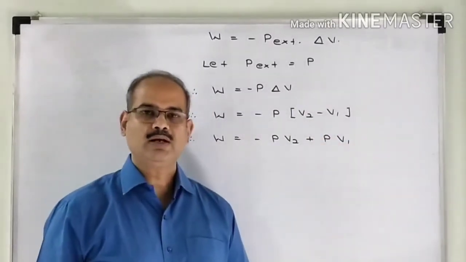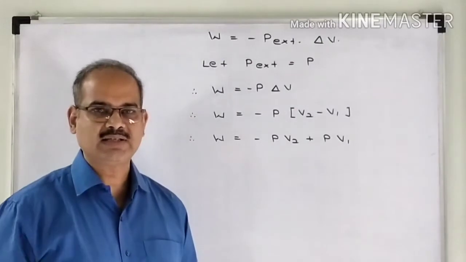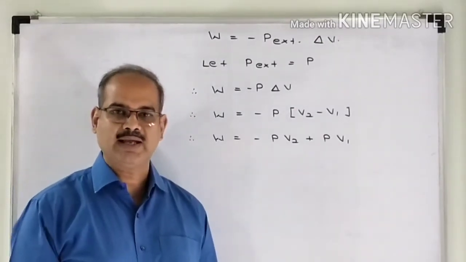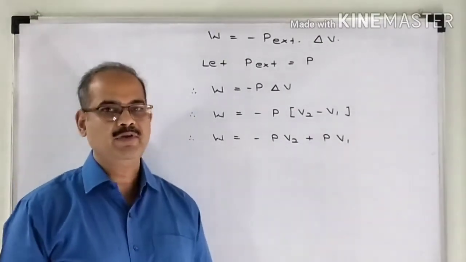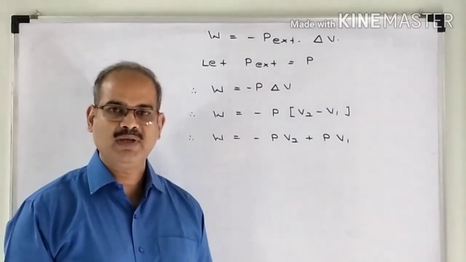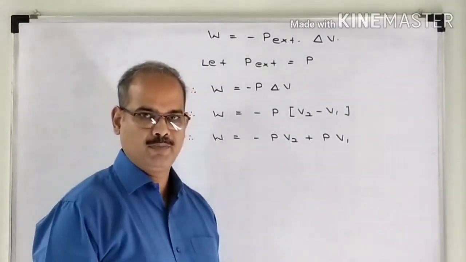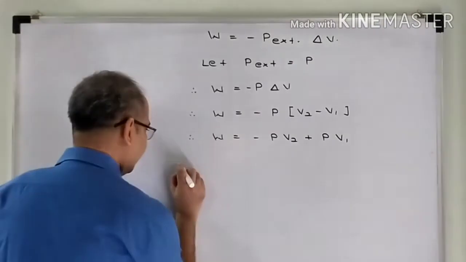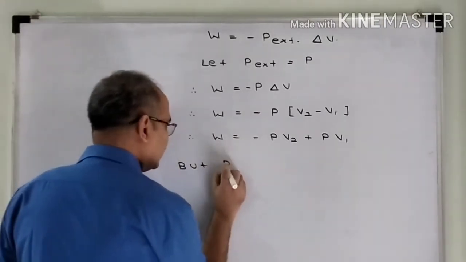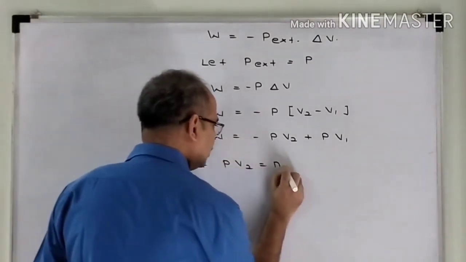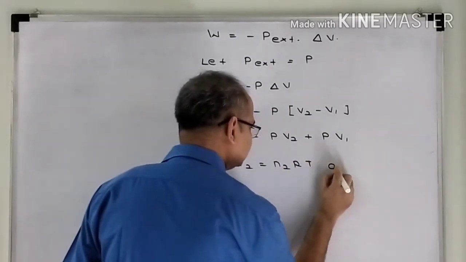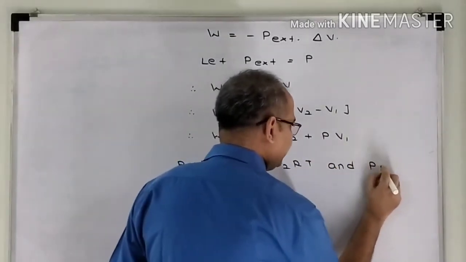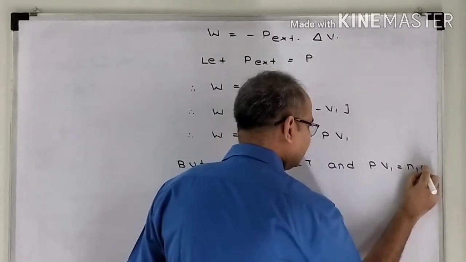Let in a chemical reaction, the gaseous substances involved behave like ideal gas. Then we know the ideal gas equation as PV is equal to nRT. On this basis, I can write PV2 is equal to N2RT and PV1 is equal to N1RT.